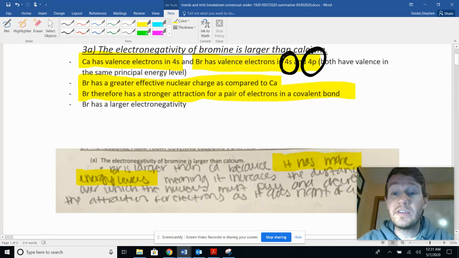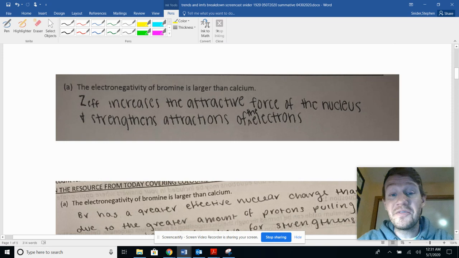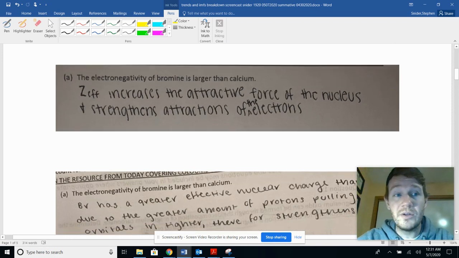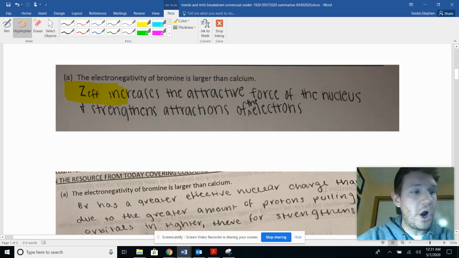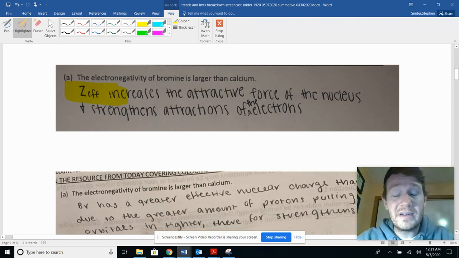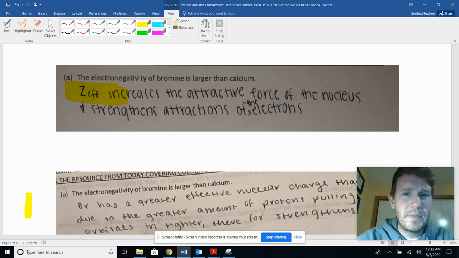I'm sorry, the calcium and the bromine have their valence electrons in the same principal energy level. So the difference is sure that they have a different effective nuclear charge. Bromine has a significantly higher effective nuclear charge, but that is not explicitly stated. So you got to be specific in terms of what species that you are actually discussing.